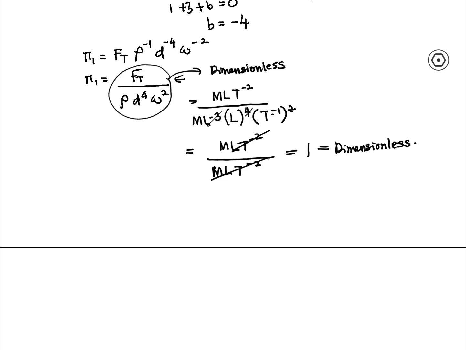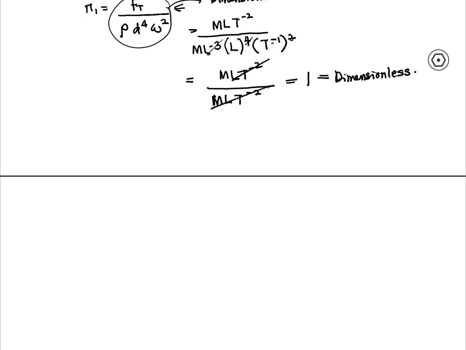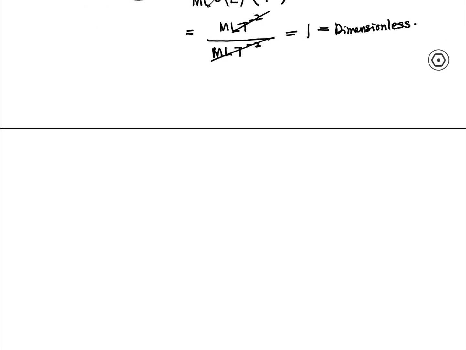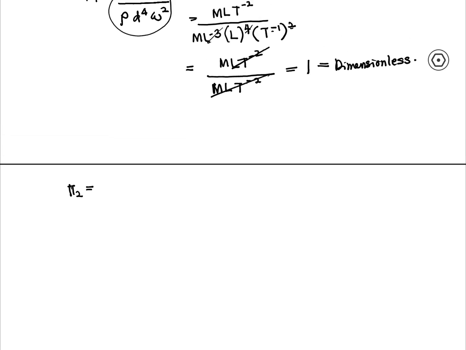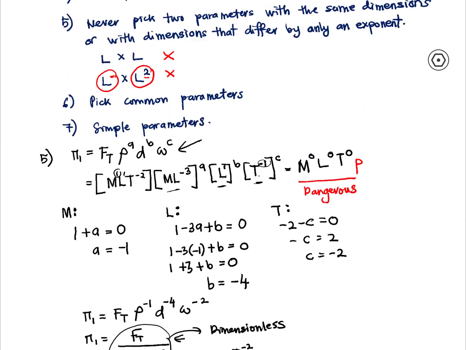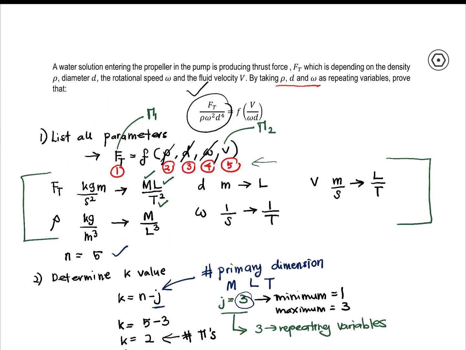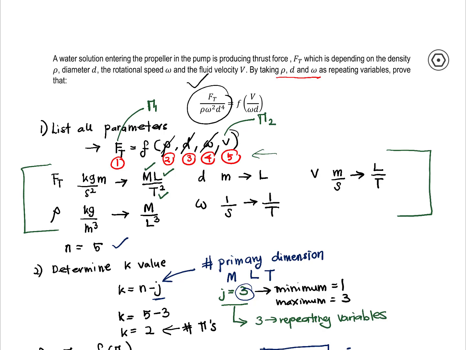Okay, so that is for pi 1. Let's move to pi 2. Okay, pi 2 equal to velocity, right? So velocity is our pi 2.